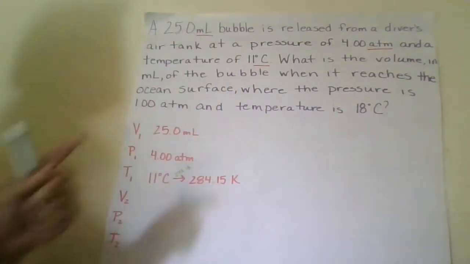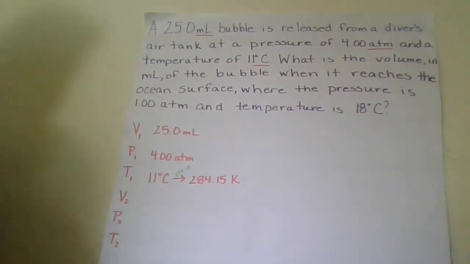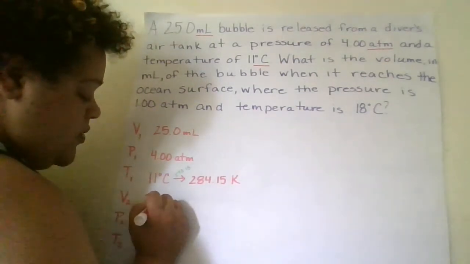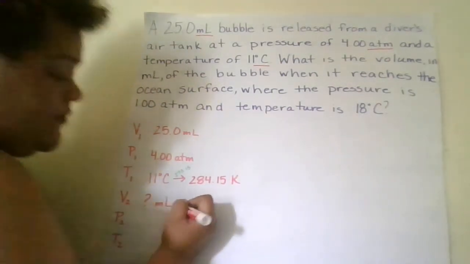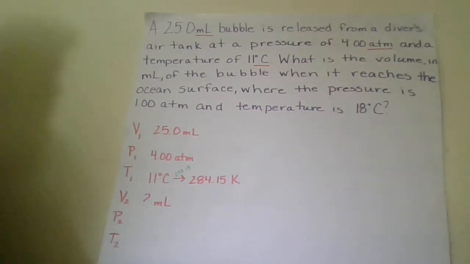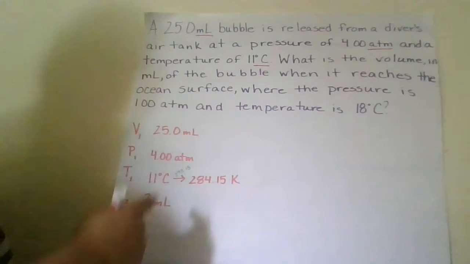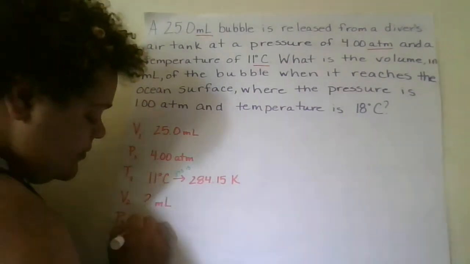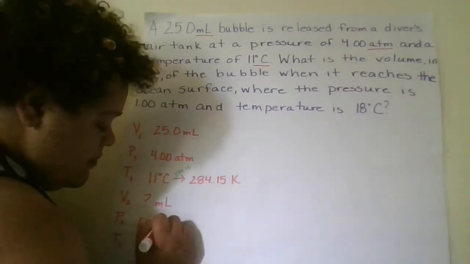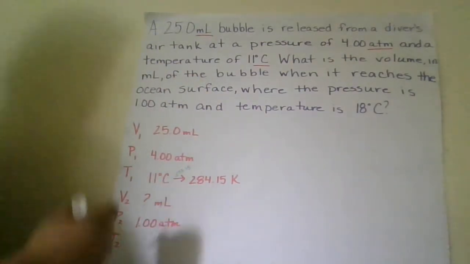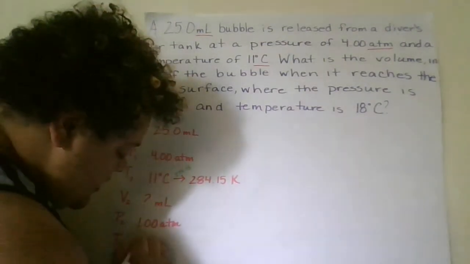And let's continue. What is the volume in mL? So this is what we're solving for. And let's put the unit that they're asking for so we don't forget. Make sure that we convert it if necessary at the end. And it says the pressure is 1 atm, and the temperature is 18 degrees centigrade.